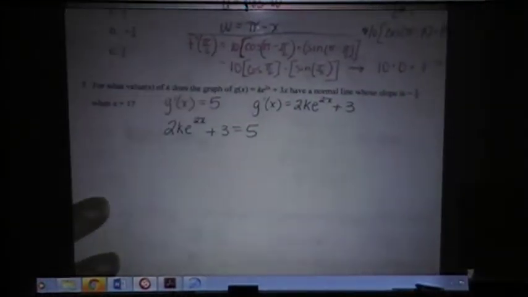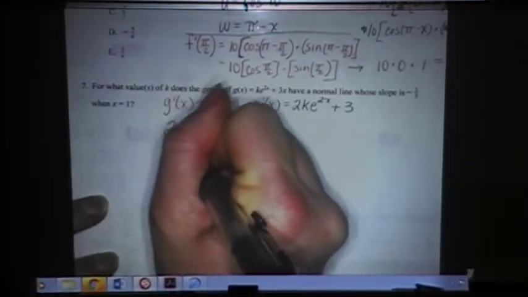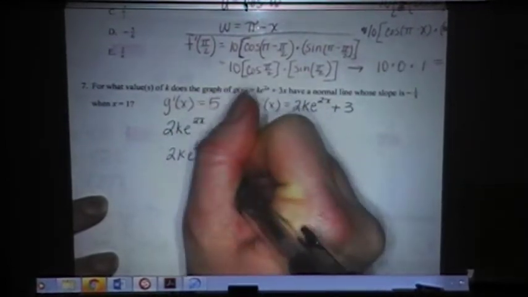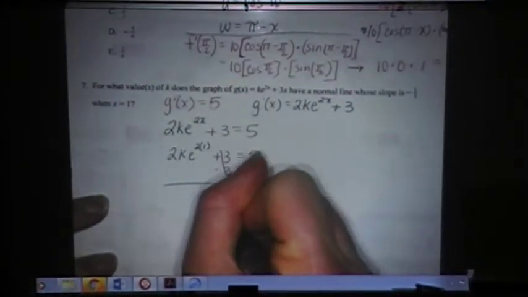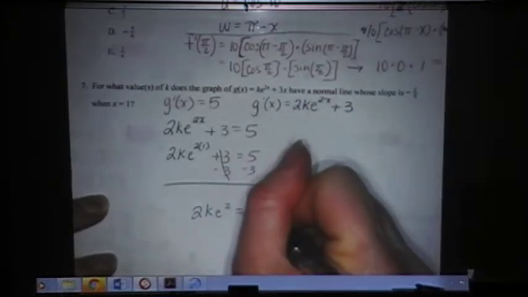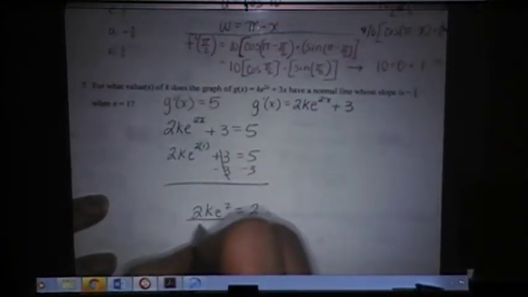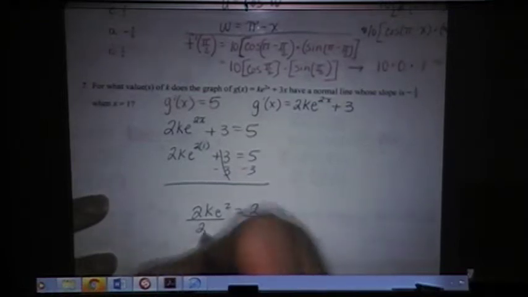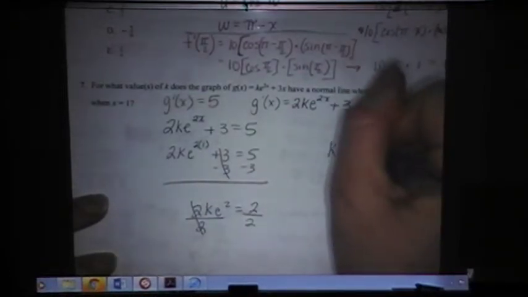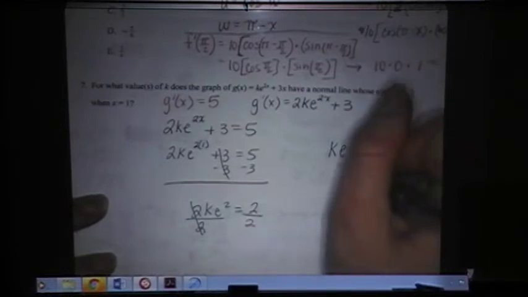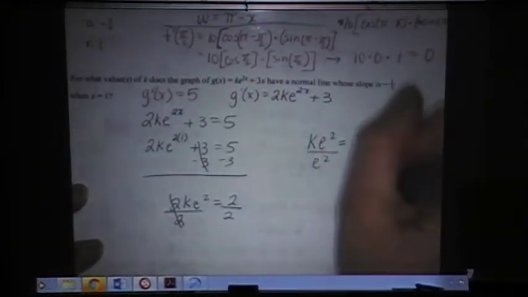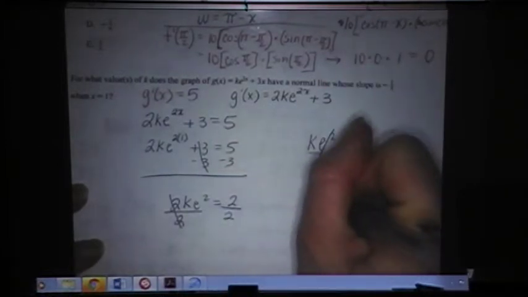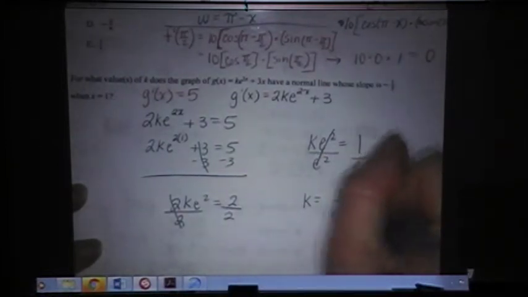Alright, now they told me x is 1, so 2ke to the 2 times 1. I subtract 3 from both sides. 2ke squared equals 2. Divide by 2, and I get ke squared equals 1. I'm trying to get k by itself, so I'm going to divide by e squared. And k equals 1 over e squared.